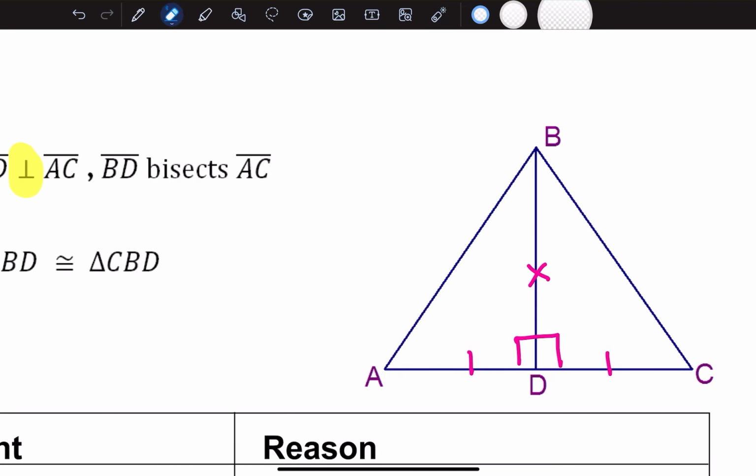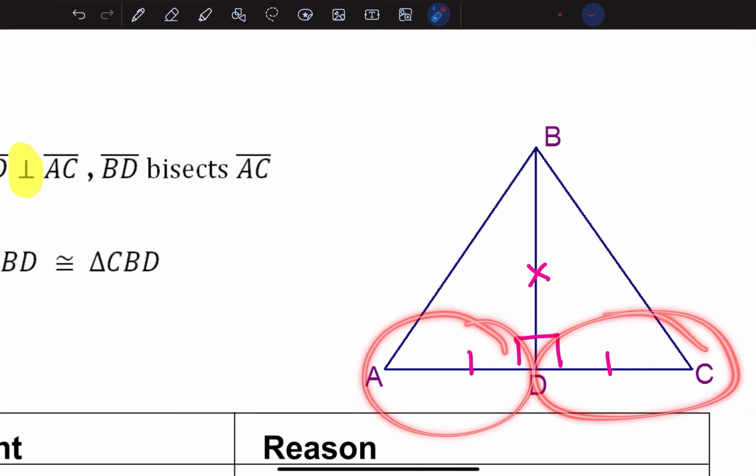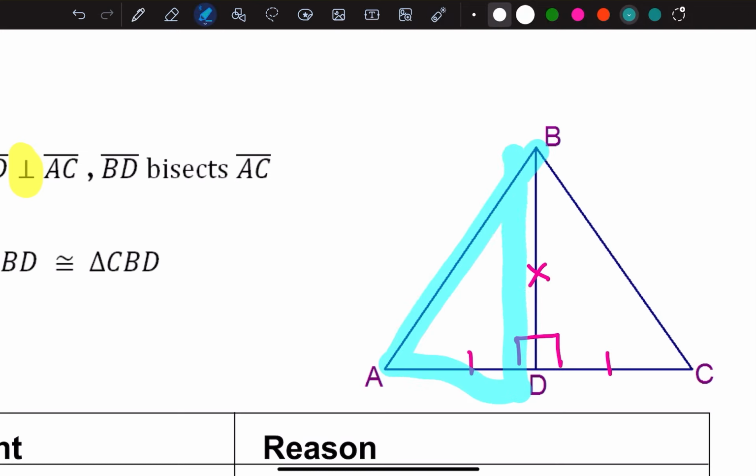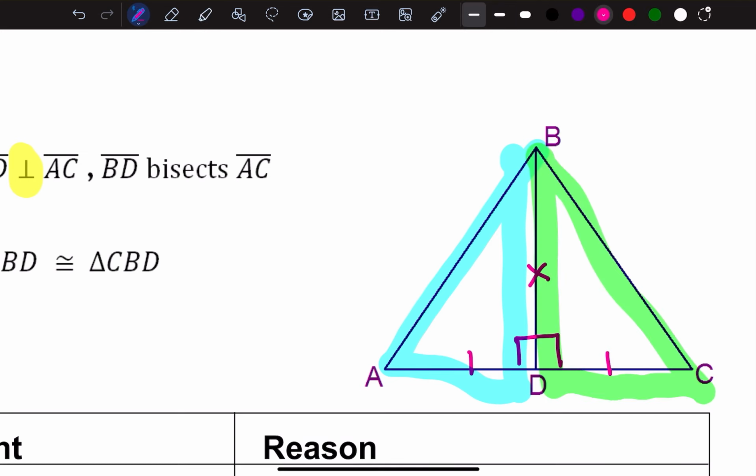So you have a set of congruent sides on the bottom because there are two equal parts. Now I didn't highlight here, probably for the sake of time, but if I were to highlight my two triangles, you would see that BD gets highlighted twice. So I can also use reflexive to state that BD is congruent to BD. So then I'll have a side, an angle, and a side.